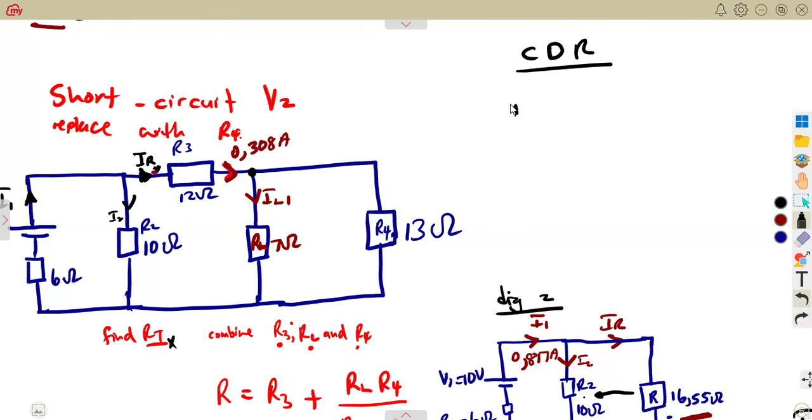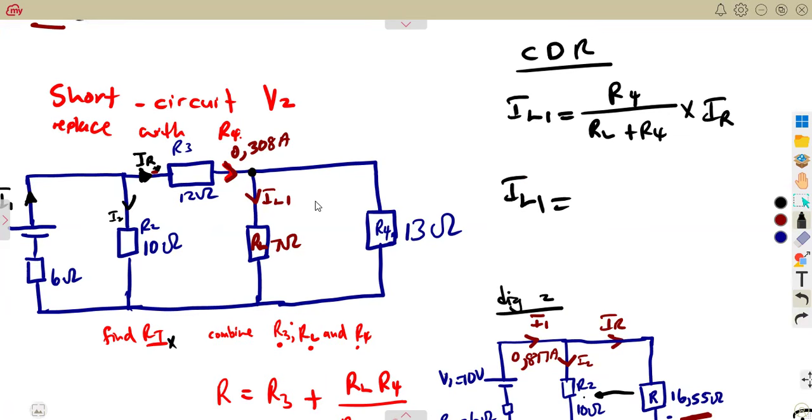So it means we can calculate the current across the load by using, remember, current divider rule, the resistor opposite, which is R4 on top. So that is going to be R4 over the sum of these two. So that's going to be RL plus R4 times the supply current, which is our supply current in this case, is our IR. So that's it.